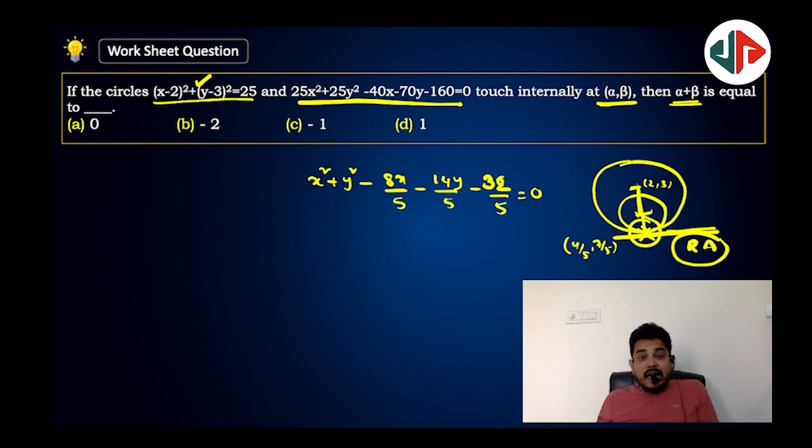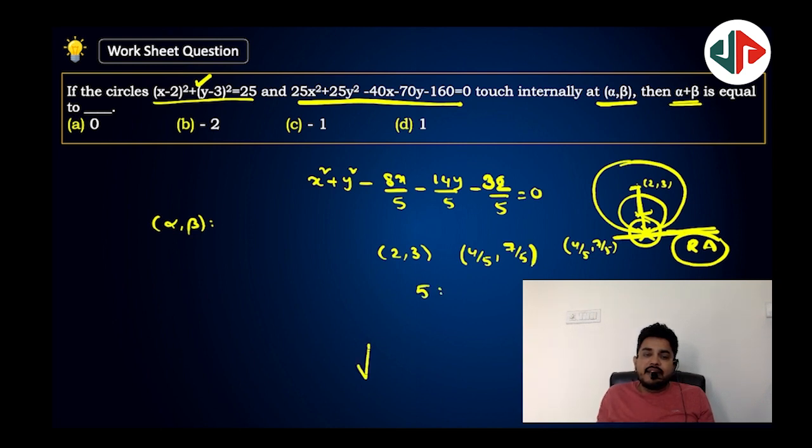Okay. Or another thing is this alpha comma beta divides the centers 2 comma 3, and this center is 4 by 5 comma 7 by 5, in the ratio of R1 is to R2. What is this radius?